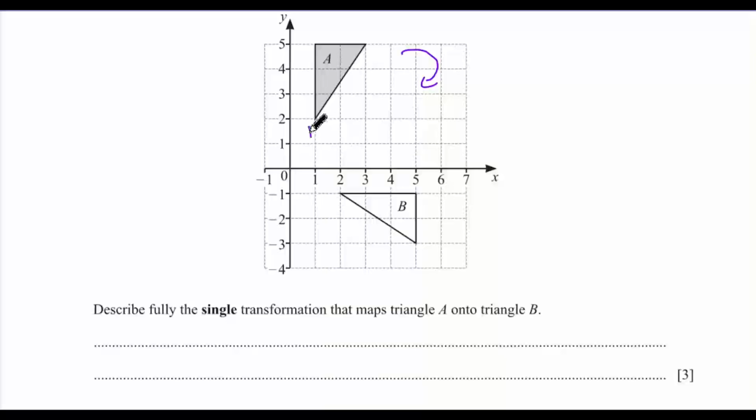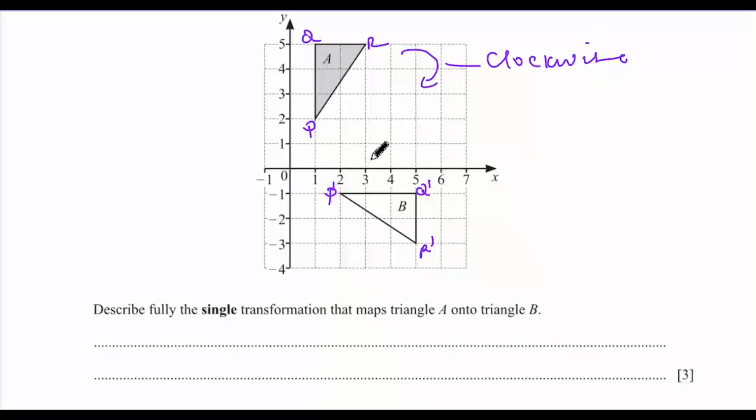Let's say this is P, this is Q, and this is R. So if you look at the image now, this point remains P, P prime. So this will be Q prime, and this will be R prime. So that is rotation, and it is obvious about 90 degrees. And we need to get the direction is clockwise. The direction is clockwise.